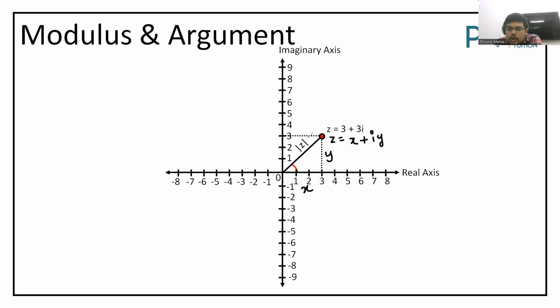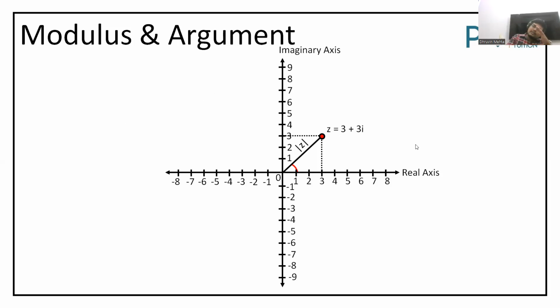So Arush, what will be the formula for mod z? Can you use Pythagoras and tell me the formula? Root of x square plus y square. Exactly, and that's what we have studied, right? Modulus z square is x square plus y square आएगा, which means mod of z is root of x square plus y square. That is the formula for modulus.